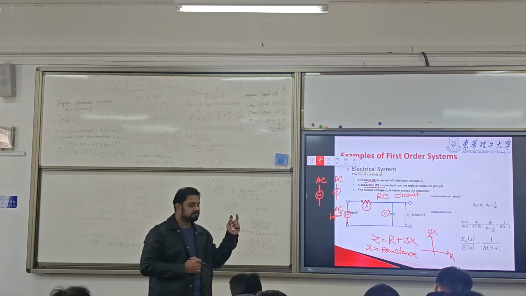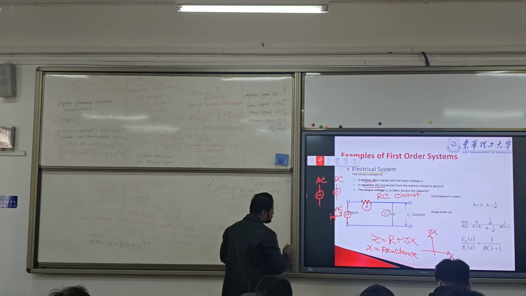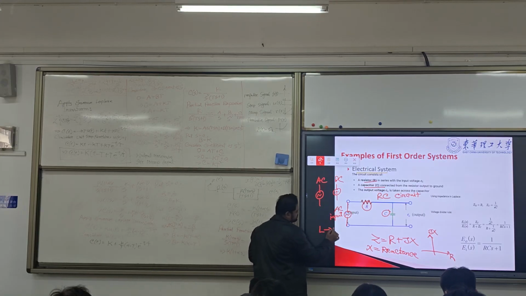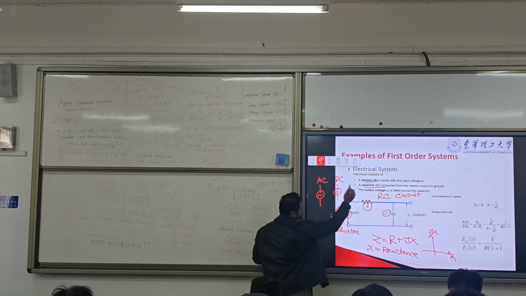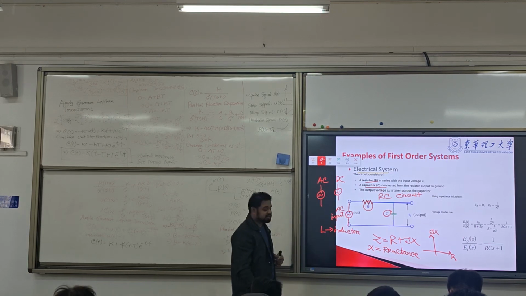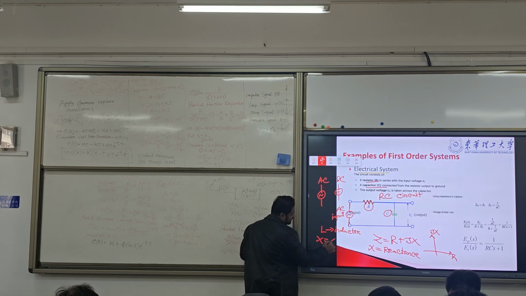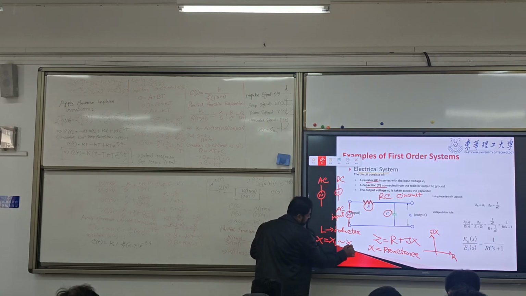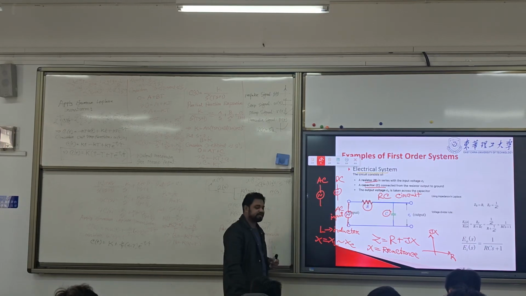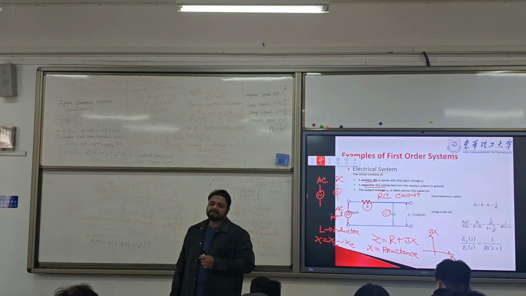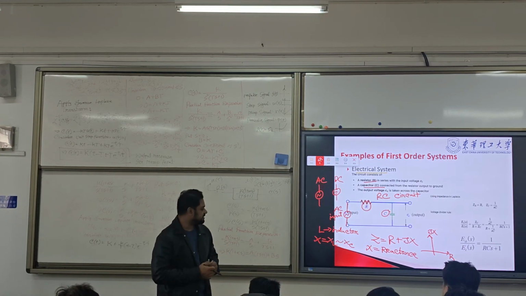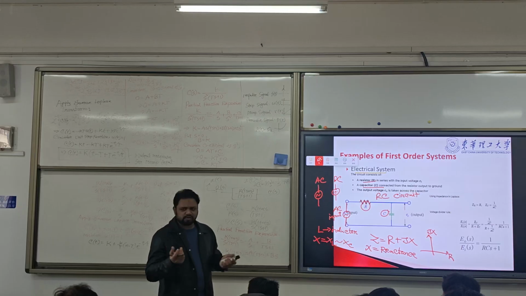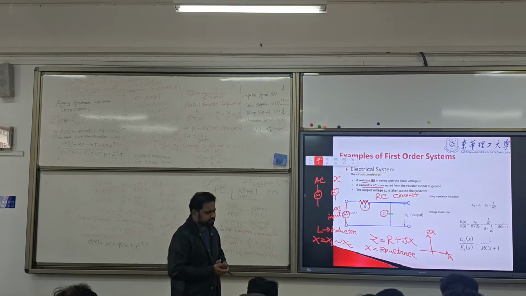Inductor is L. And capacitor, you know that. So X is the difference of XL and XC. We can write it like this. So here, if there is no XL, then it will be just XC.